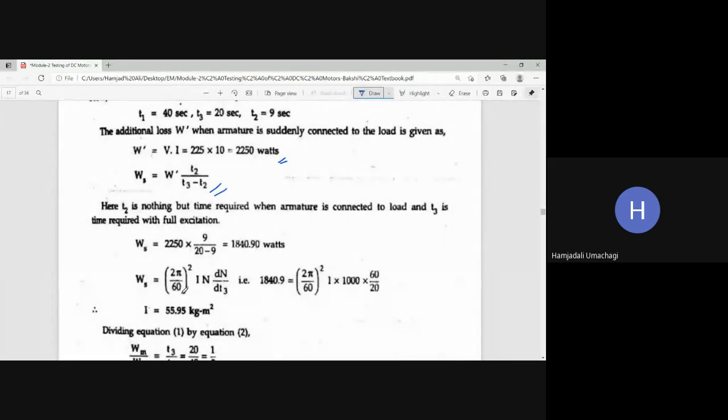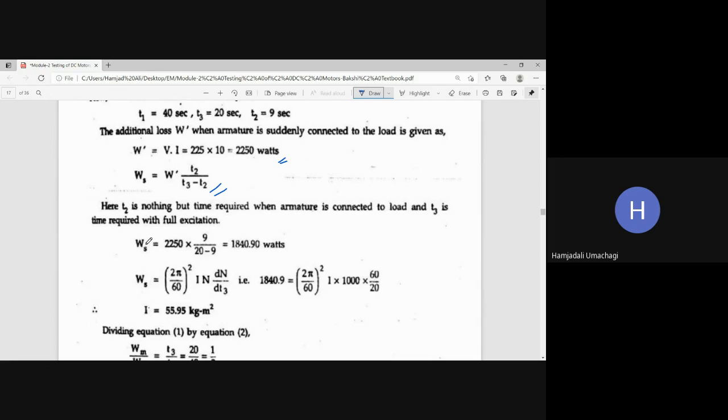Now Ws is equal to W dash into T2 upon T3 minus T2, where W dash is 2250, T2 is 9, and T3 with full excitation is 20. T2 is once again 9. So after solving this, stray losses will be 1840.90.